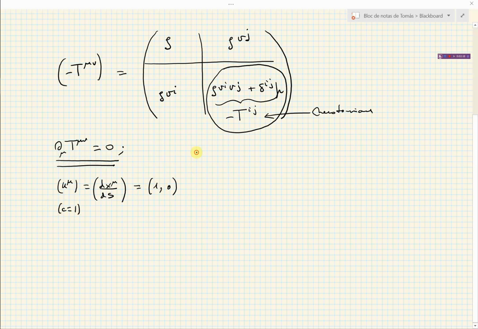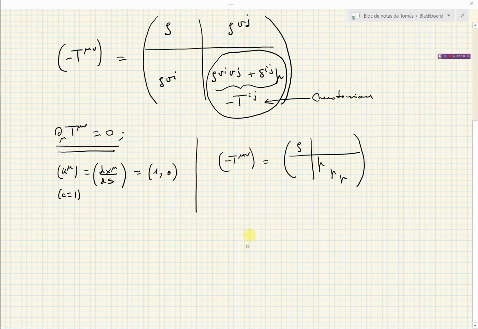So in this frame in which there is no motion, this tensor takes the form ρ and then p, and the rest of the components are 0.